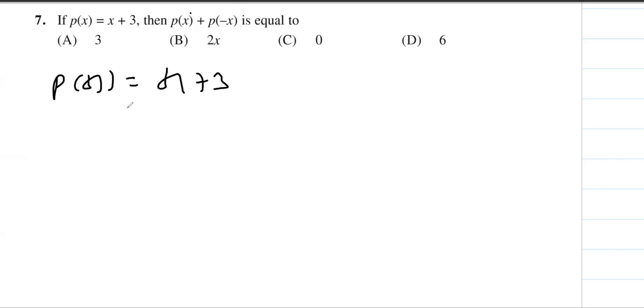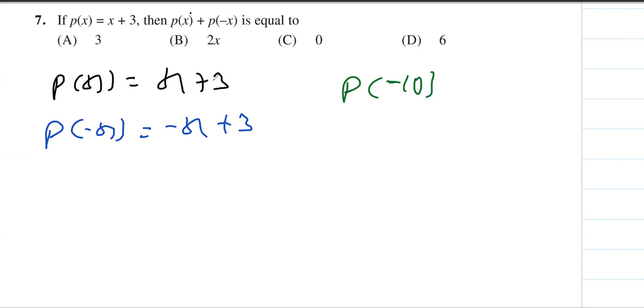If I ask you what is p(-x), that means we are going to replace only x with -x. The plus 3, as you know, the constant does not undergo any changes. For example, if I ask you what is p(2) or p(-10), you are going to replace this x with -10 and plus 3 will be as it is.